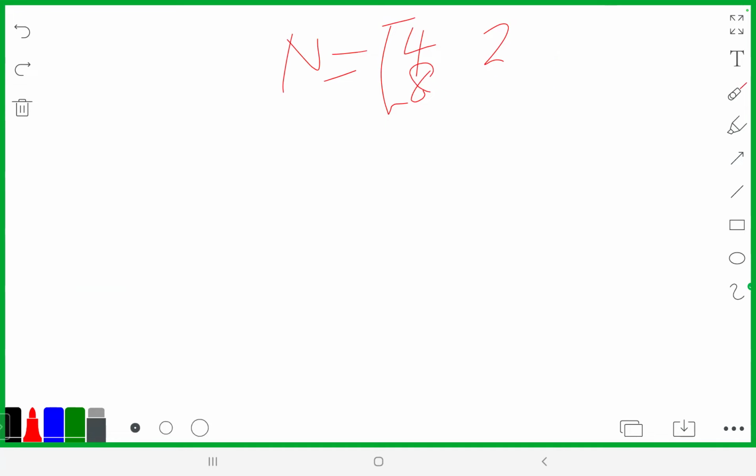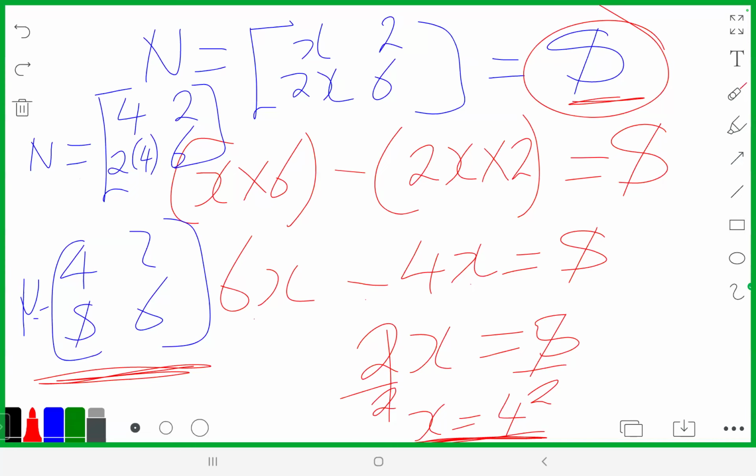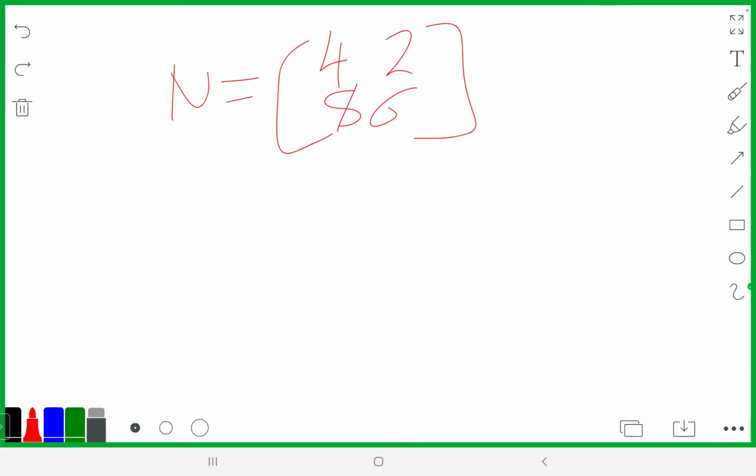Yes, 4286 as the new matrix. This is our matrix N. So we need to find the inverse of this, given that the determinant is what?